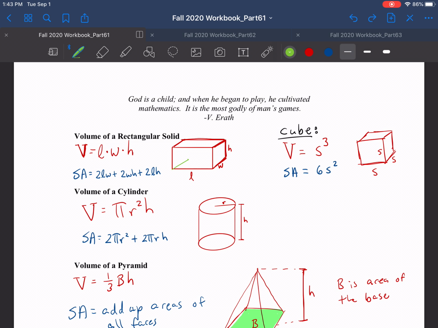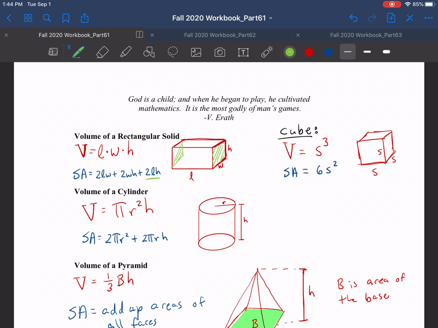Okay? And for the surface area, what you're interested in doing is finding the area of each individual face. I'll start with that face right there, and this back face over here is exactly the same. So the front and back faces are the same, which means I can simply find the area of the front face, which is length times height, and double it. I can then do the two side faces, this one over here and this one over here.